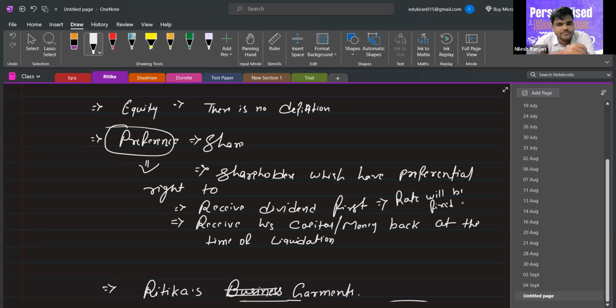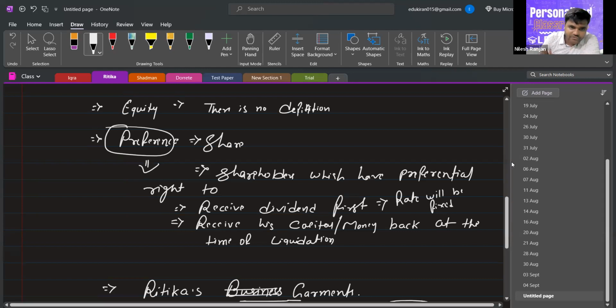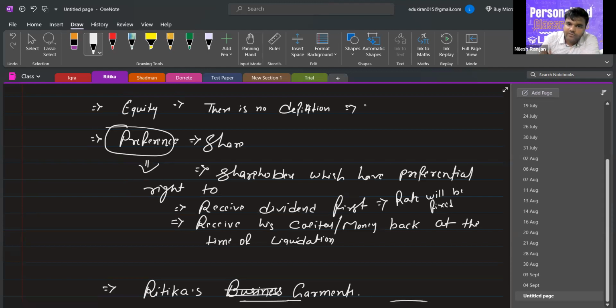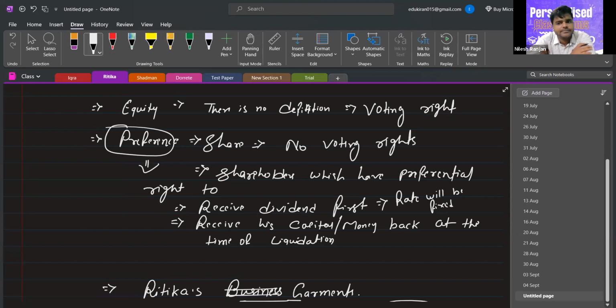Okay, sir. And that's why equity share have voting rights, but preference share, no voting rights. Now, what is voting right in the company? Why shareholders need voting right?